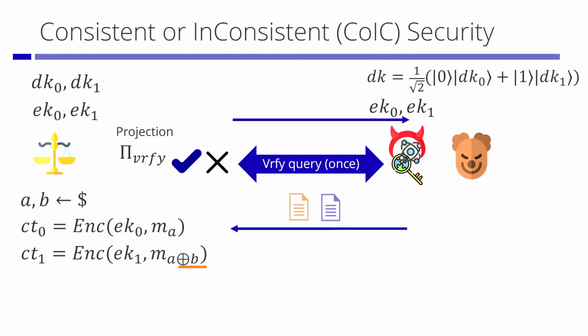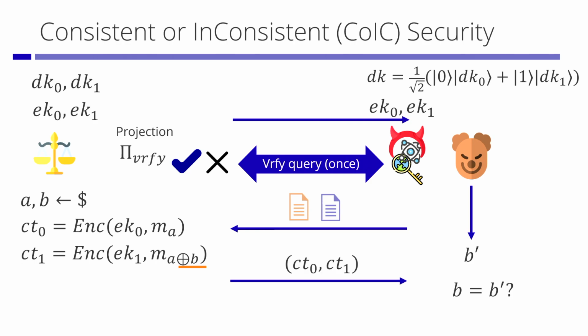However, if B is equal to 1, then these two ciphertexts are inconsistent. The challenger sends both ciphertexts to the adversary, and the adversary guesses bit B, which means the adversary tries to distinguish whether these two ciphertexts are consistent or inconsistent. This is COIC security.